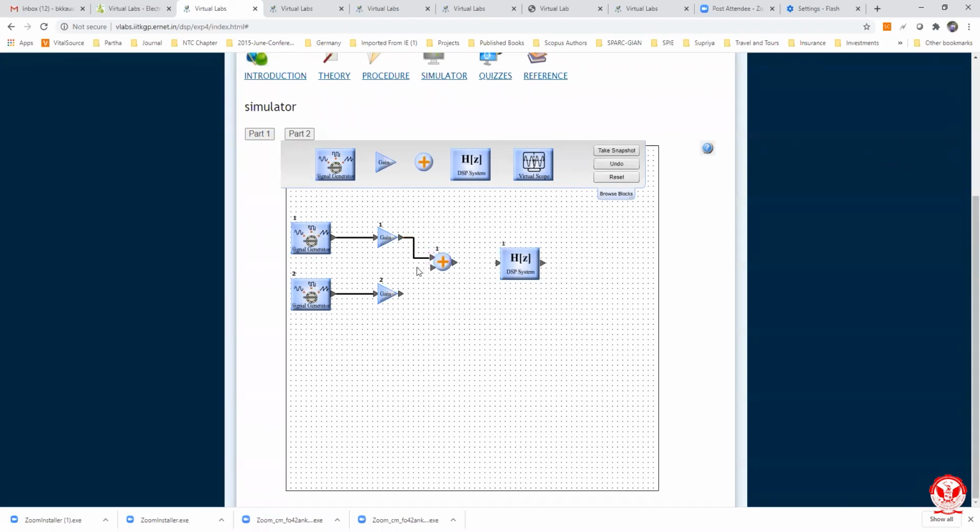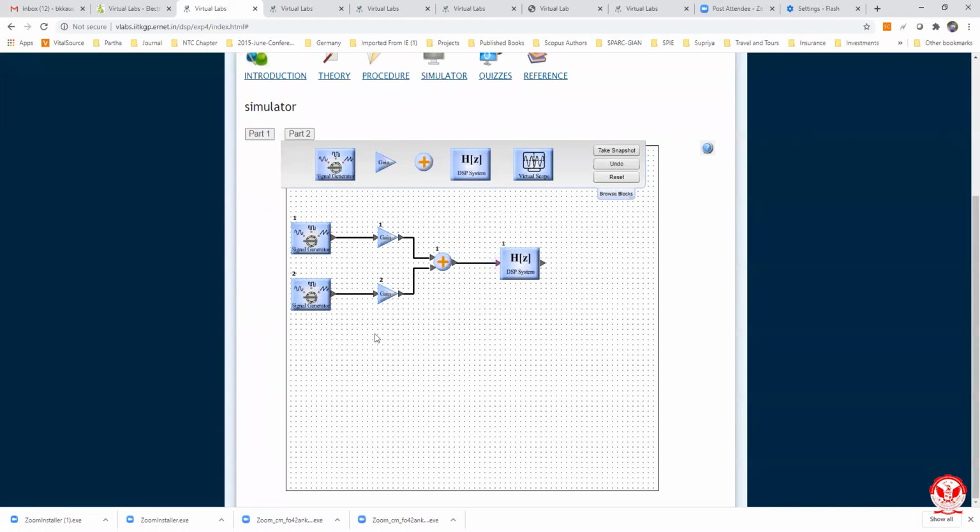Now this is connected. Again we proceed like this. Now it is connected. So the output of this summation is now fed to the DSP system. We select here and move along the straight line and end here where the circle becomes reddish.